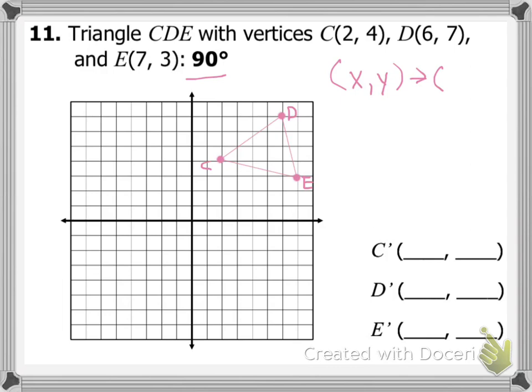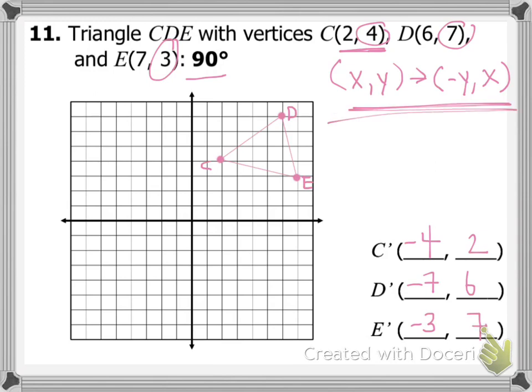That means my X now is going to be a negative Y, and my Y is now going to be your X. Okay, so your C prime is going to be at (-4, 2). Your D prime is going to be at (-7, 6), and your E prime is going to be at (-3, 7). So you're going to need to remember this.